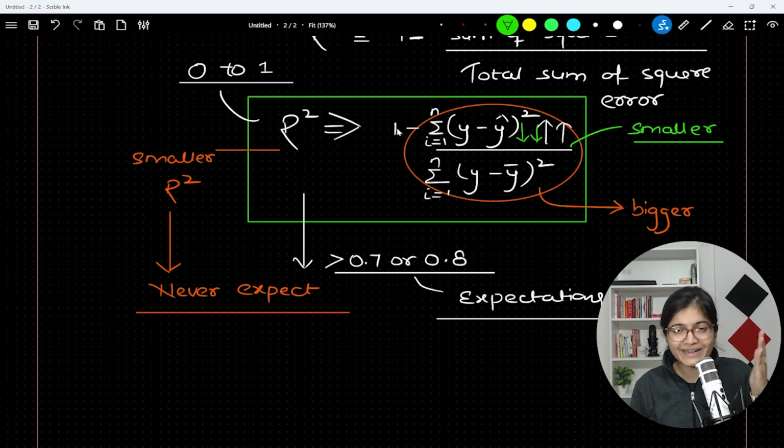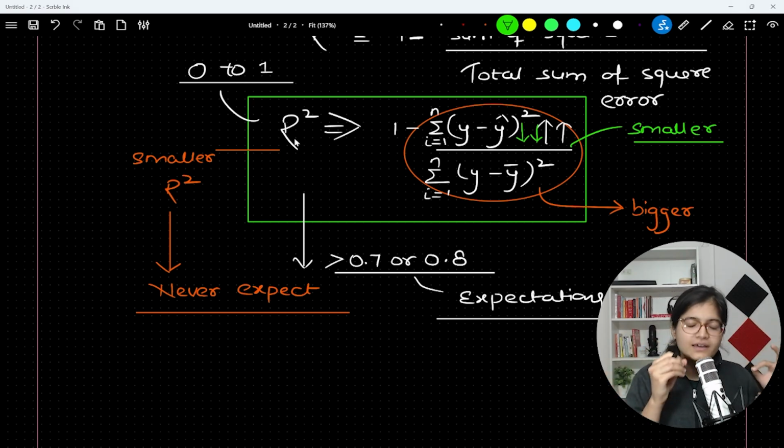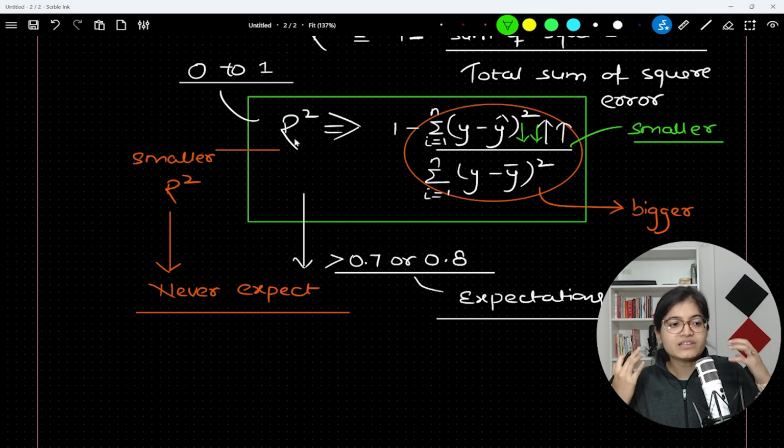And when you subtract the smaller term from 1, you get a bigger r square value. That is the real intuition we want. We want a minimum residual so that we get a bigger r square. So I think now you will understand how r square impacts a lot in getting the evaluation value of the regression model, right?